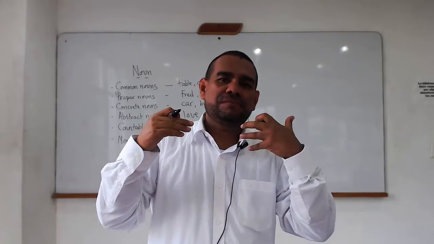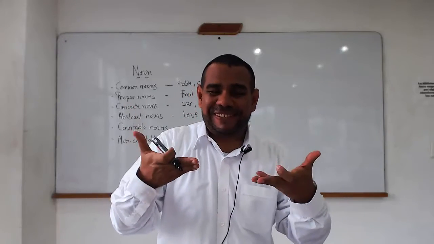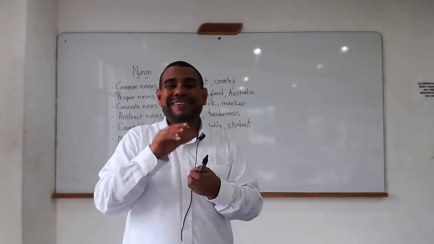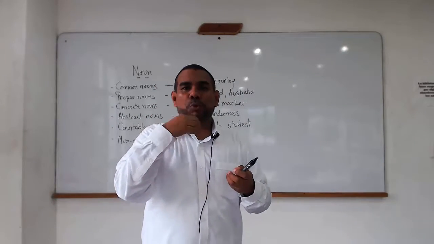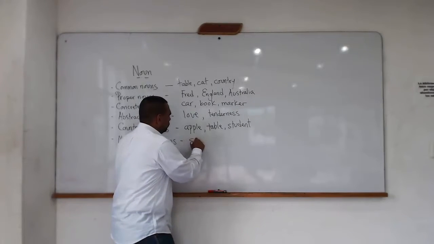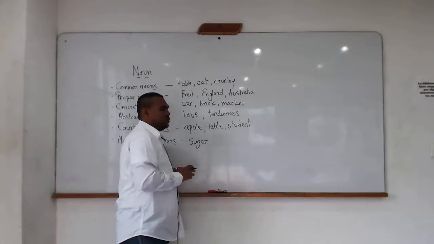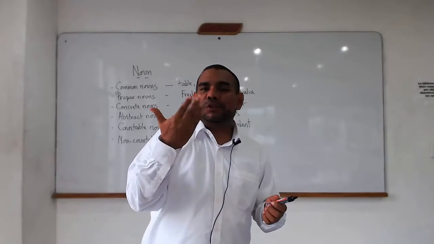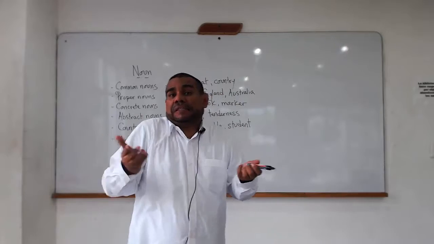And we also have non-countable nouns, and those are the nouns that we cannot refer to in terms of amounts, quantities, numbers, because it is not possible to use a number to refer to an amount of them. For example, sugar. We don't say 1 sugar, 2 sugars, 3 sugars, etc. because we can't.